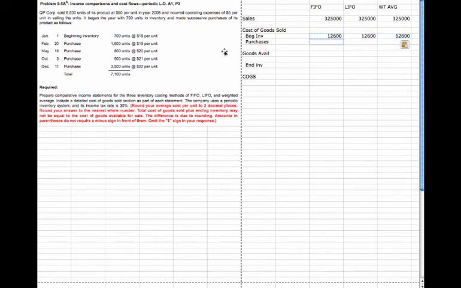Now the purchases, we purchased 1,600 units at 19, 800 units at 20, 500 units at 21, and 3,500 units at 22. If we were to extend these out and add them all up, our purchases would come out to $133,900. Now once again, nothing's going to be different between FIFO, LIFO, and weighted average.